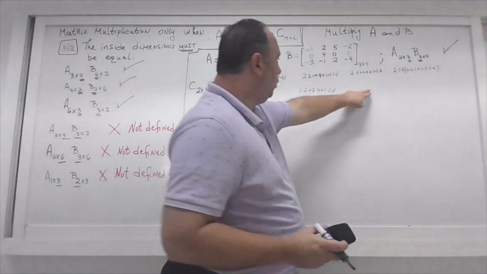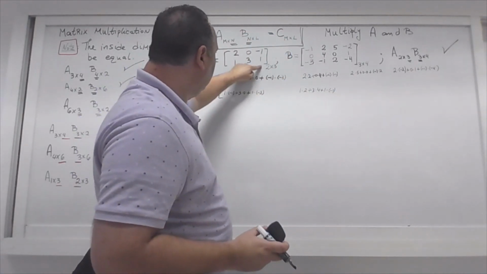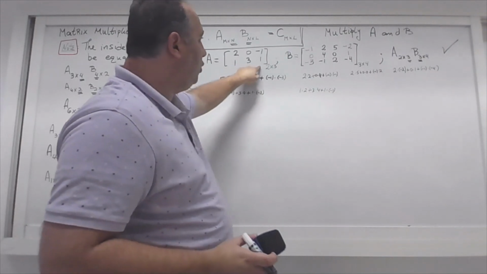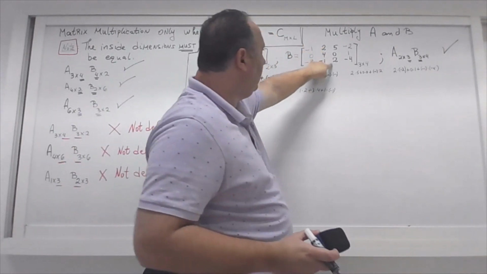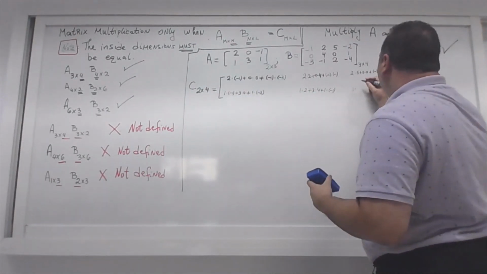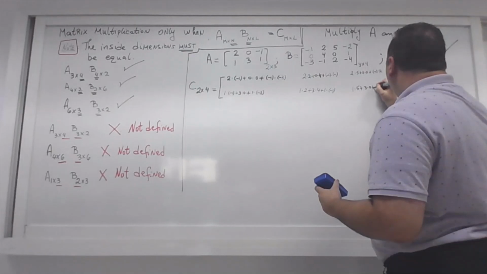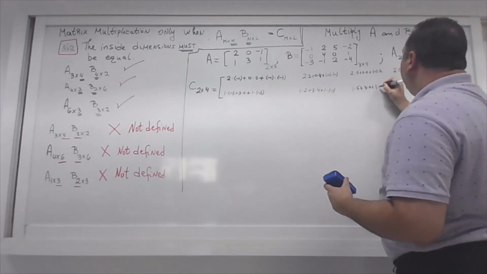Entry 2,3 will be row 2 from A dot product with column 3 from B. So that is 1 times 5 plus 3 times 0 plus 1 times 2.